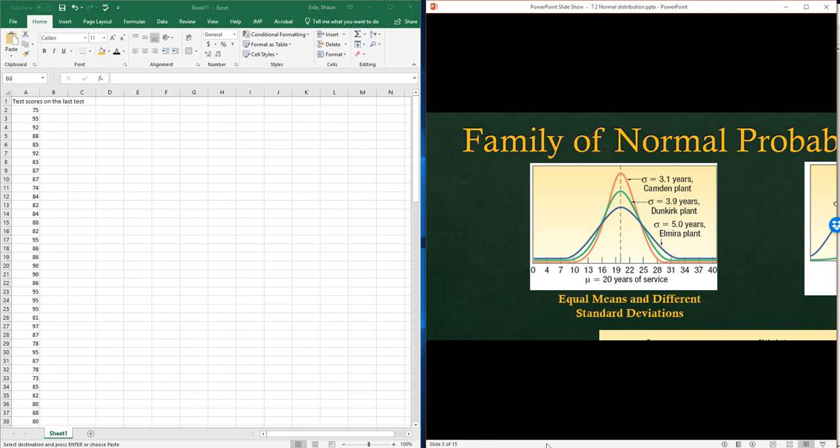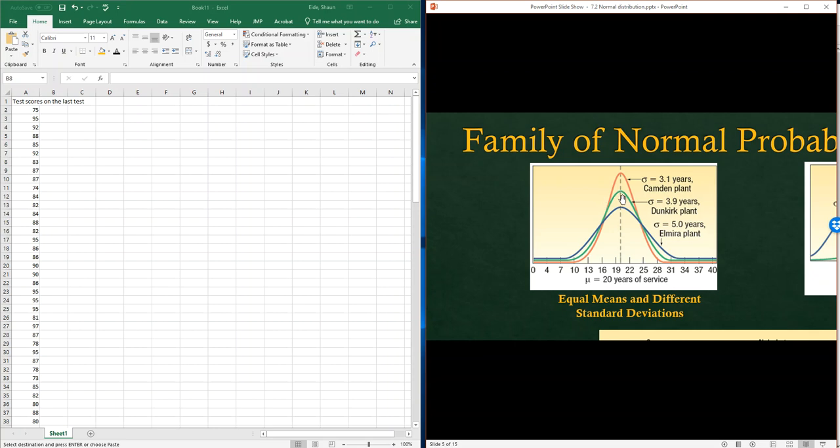If you have a really small standard deviation, then you're going to have a more leptokurtic distribution with a higher peak. You're still going to have 68%, but the peak is going to be up here, and the distribution is going to be a lot tighter.